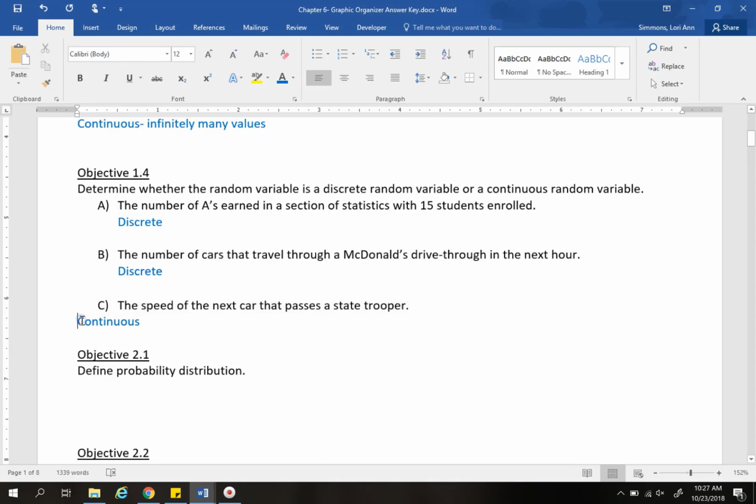So we have done something like this prior. We're going to take it one step further for these examples and list what the random variables could potentially be. So for part A, you could have 0, you could have 1 person, 2 people, all the way up to 15 people getting A's.